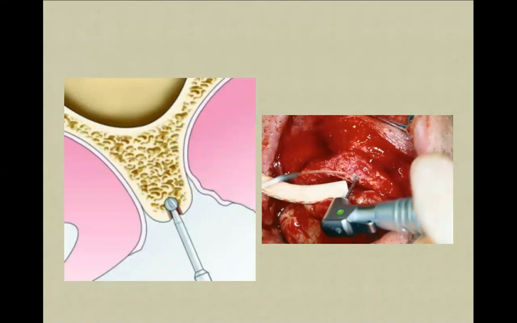Another very important thing is that the distance between these holes, the distance between 2 implants, should not be less than 7 millimeters. If you do have a tooth, the distance between the initial hole and the lateral aspect of the crown of the existing tooth should not be less than 4 millimeters.